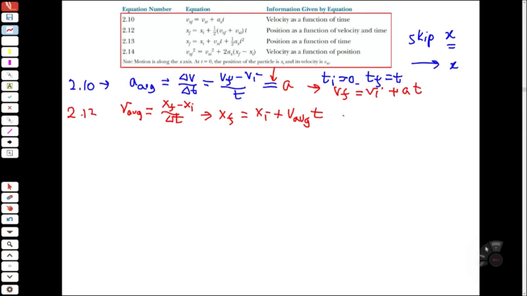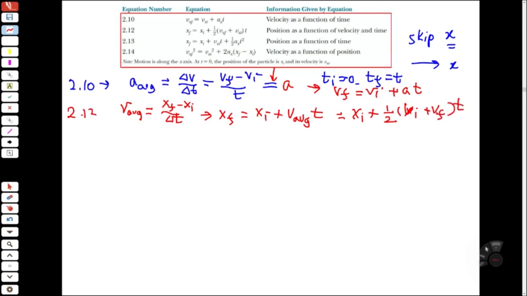Now, since the acceleration is constant, velocity is increasing steadily. It means that the average velocity, since this is moving very steadily with constant acceleration, should be half of vi plus vf.